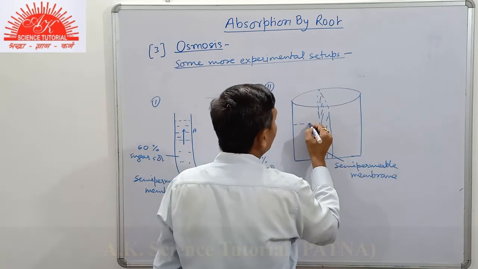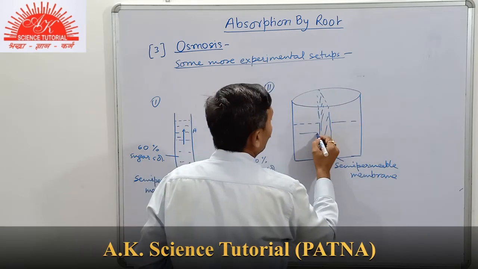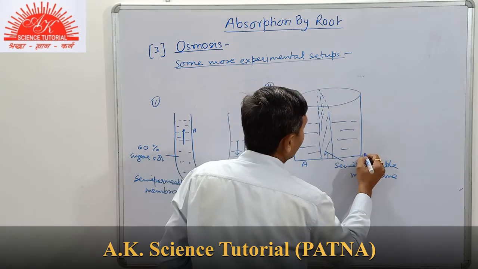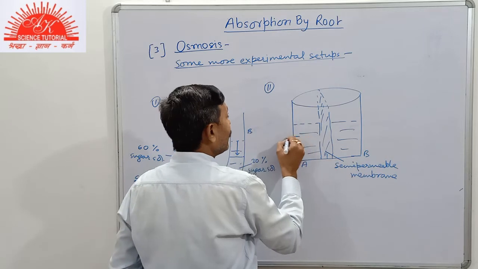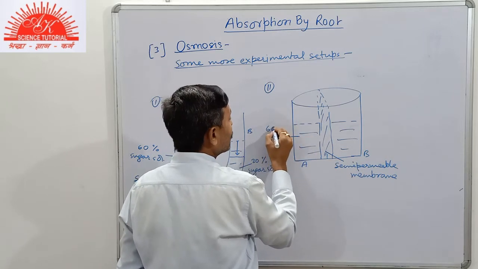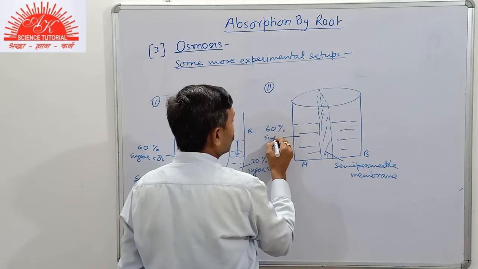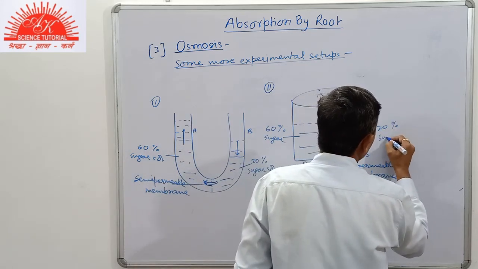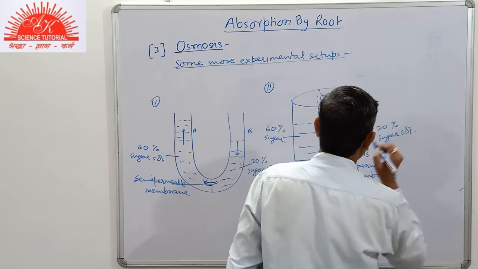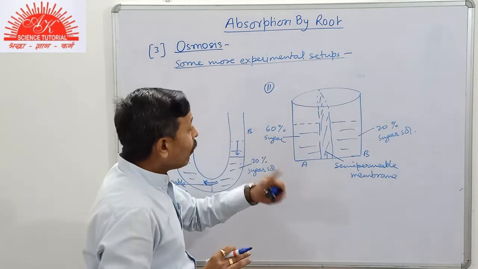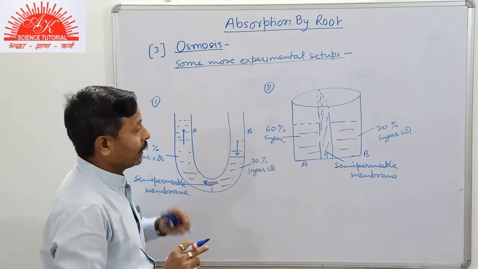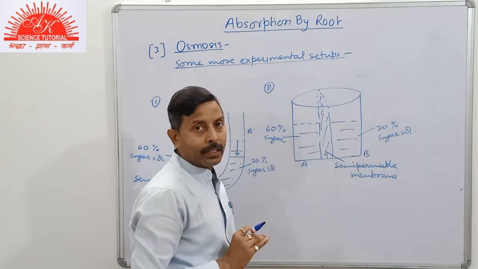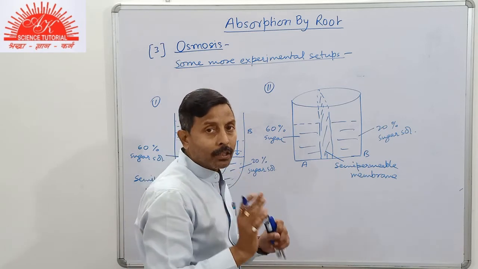And again, similar to the previous question, we will have two different solutions on side A and side B. Here is a 60% sugar solution, and on this side there is a 20% sugar solution. Now, what we will observe after some time, again similar to before, is that the solution on side B is less concentrated, that is, it has a higher concentration of water.